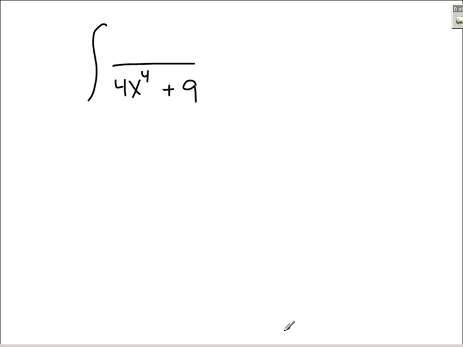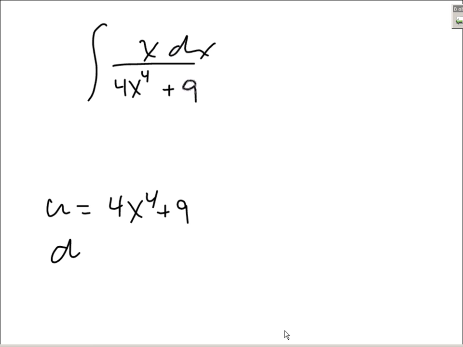Well, you might want to say, oh, this is simple. Let the bottom be u, and then du is 16x cubed dx. But we may have the dx, but we don't have x cubed. We didn't need the 16. I can always put in the 16. But we need x cubed.